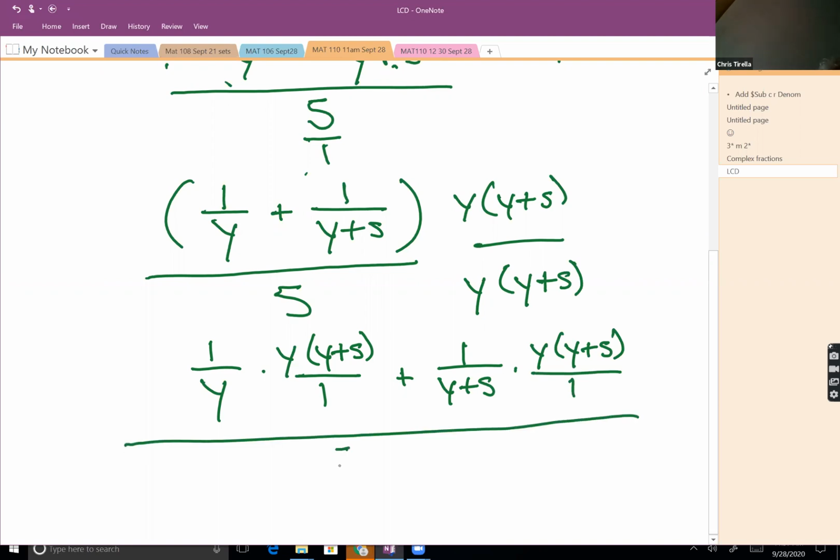And in the denominator, I'll have 5 times y plus 5. And that distribution step, do you see, really, I'm just rewriting it with the common denominator next to each term.